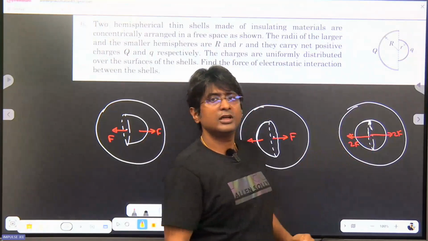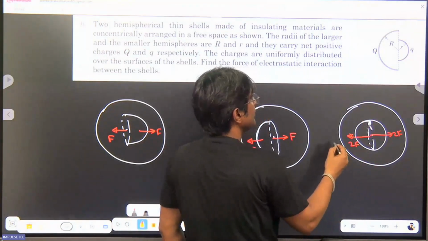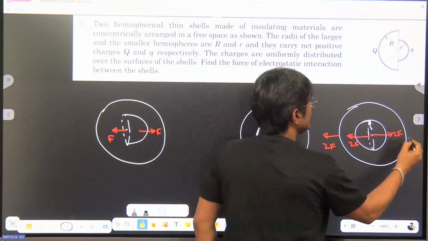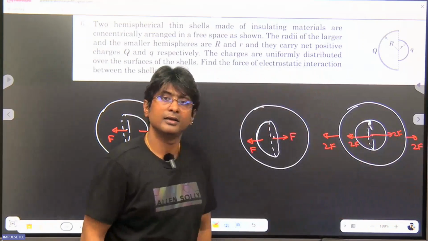From Newton's third law, the inner sphere is also applying a force 2F in this direction, and on the outer sphere 2F in the other direction, so that all are in equilibrium.